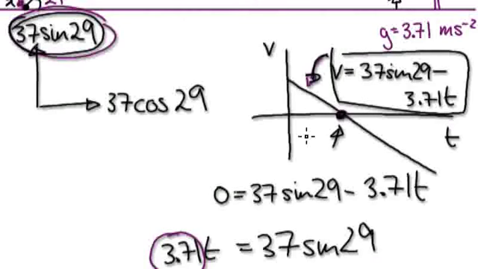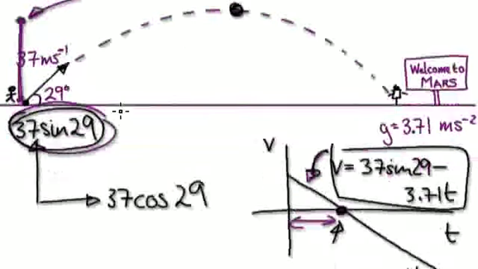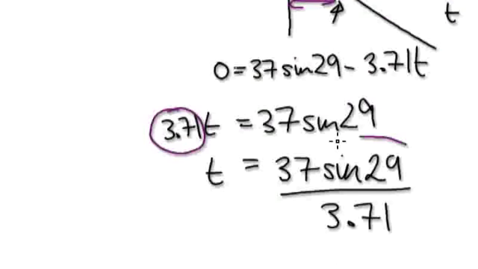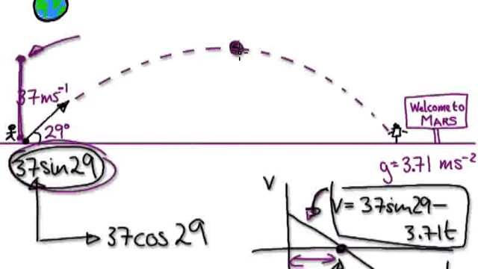That's the time it takes for the cannonball to get to its maximum height. So when you fire the cannonball diagonally like this, it would travel like this. It would take this amount of time to get to this stage here.